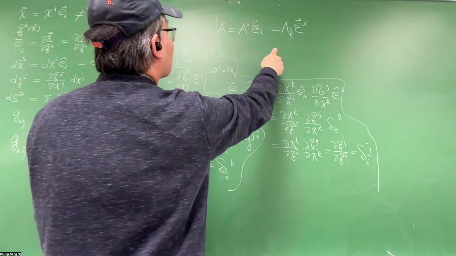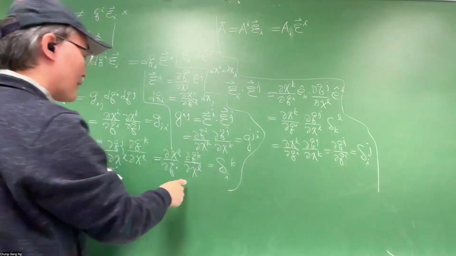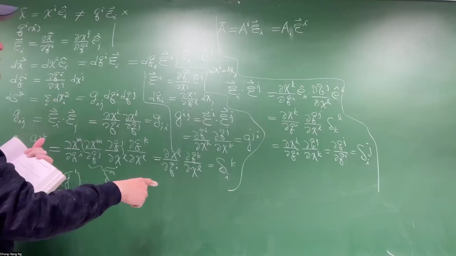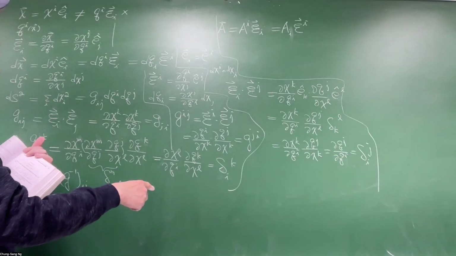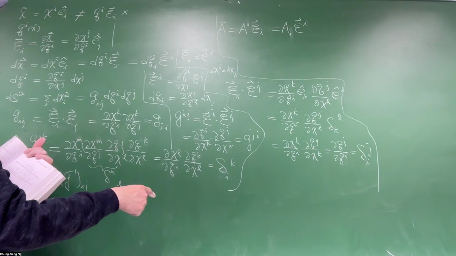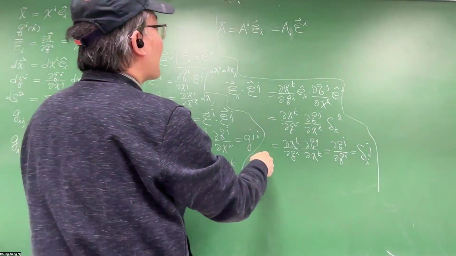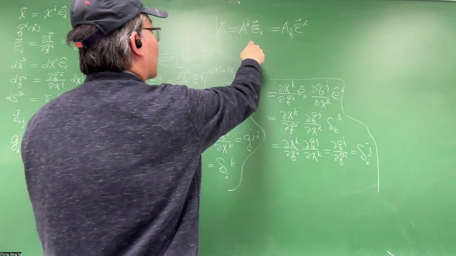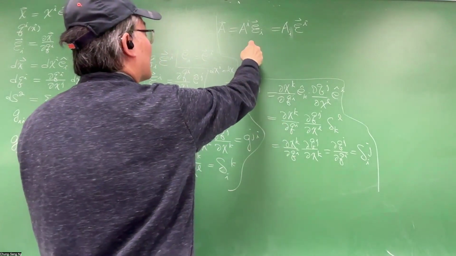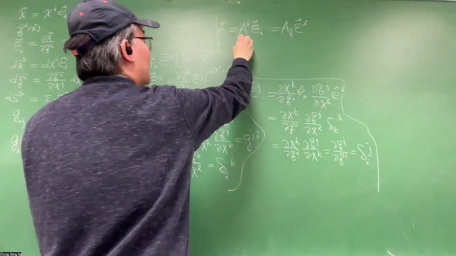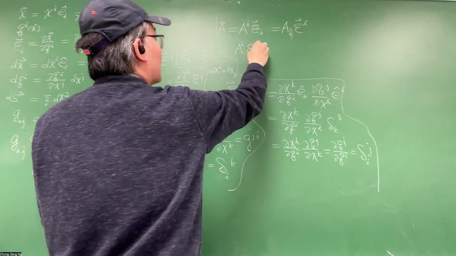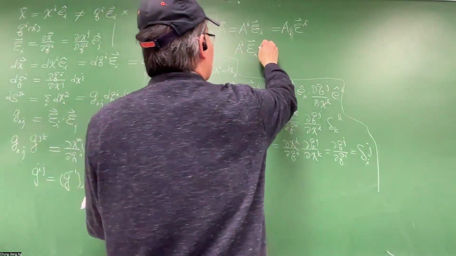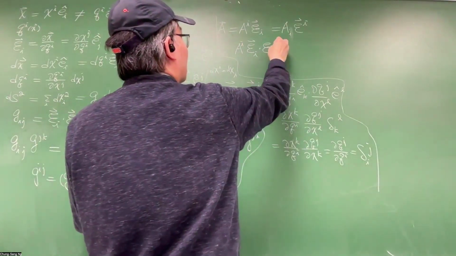We do that when you're looking for which relationship you should use. Maybe we can dot just one with either one of the bases, like A^i dotted into a contravariant basis.